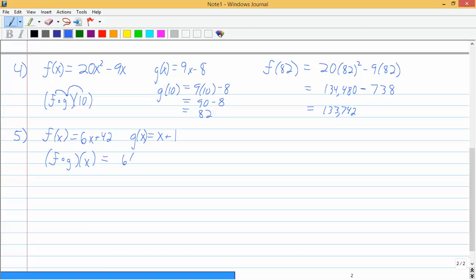So that's 6 times (x plus 1) plus 42. So that's 6x plus 6 plus 42. Alright, so that's going to be 6x plus 48. Alright, and then the domain of that, what can I plug in for x? Anything. So the domain is all real numbers.